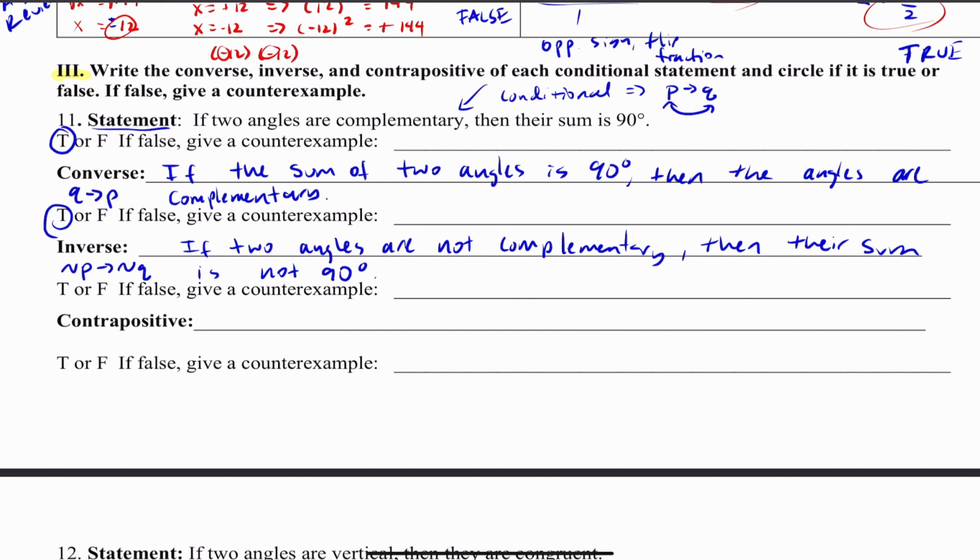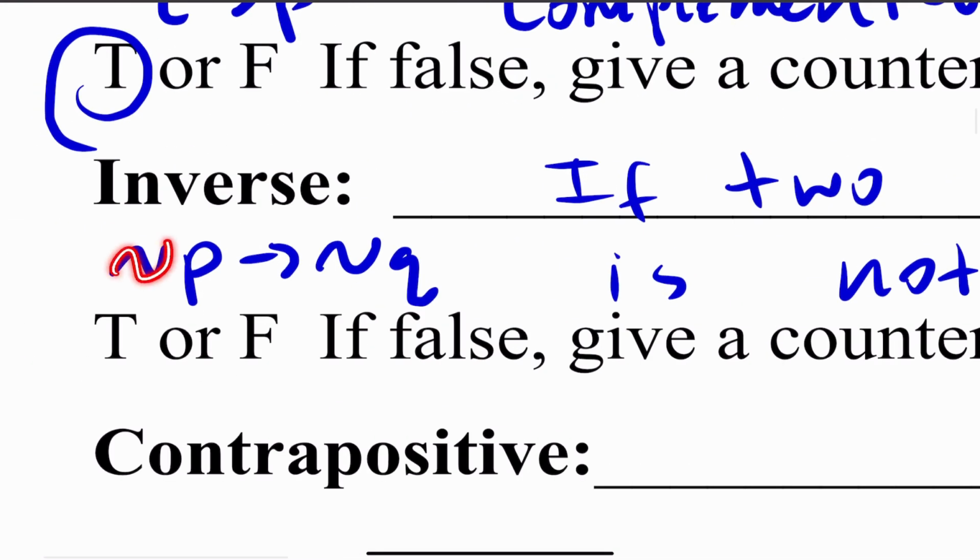Okay, so what I did was, remember the conditional is in the form if P, then Q. If you're talking about the inverse, it's not P, then not Q. And this is the squiggly line. It's not an N. That's what I'm trying to say. It's a squiggly line. It's a tilde sign like on your keyboard.